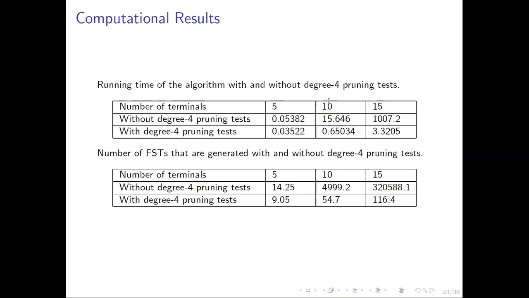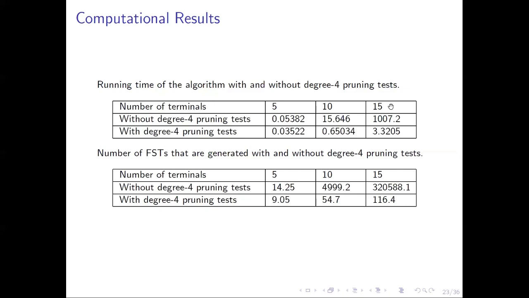Just to show the effects of the pruning tests, I've run two sets of experiments, one without the degree 4 pruning test and one with the degree 4 pruning test that we've developed. So I ran it for 5 terminals, 10 terminals, and 15 terminals.